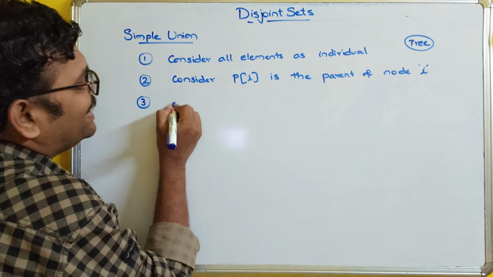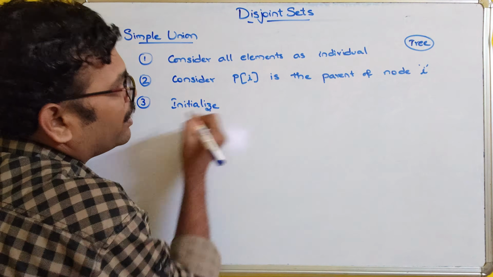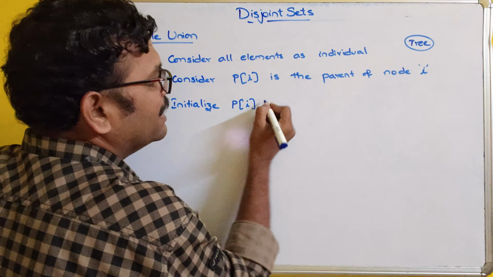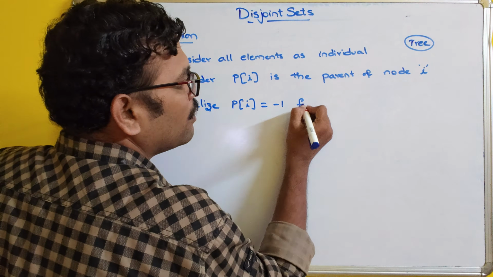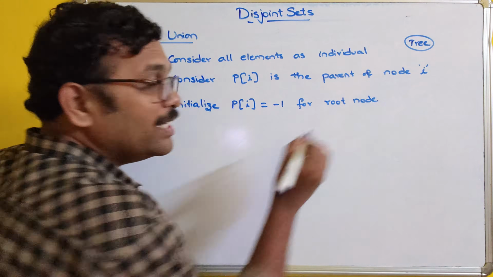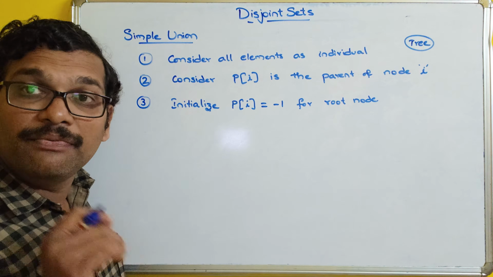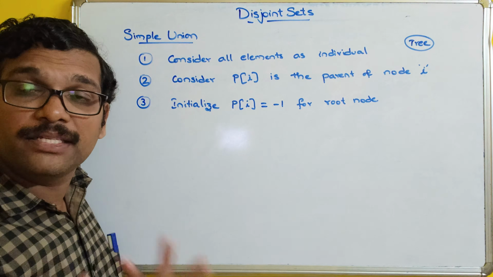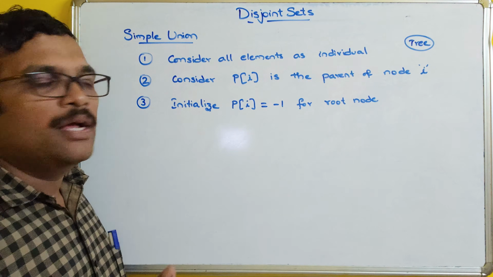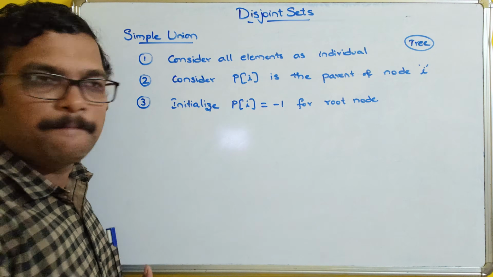And initialize P of I equal to -1 for root nodes. If the node is a root node, the parent will be -1, because obviously a root node has no parent. So we have to initialize to -1 for such root nodes.